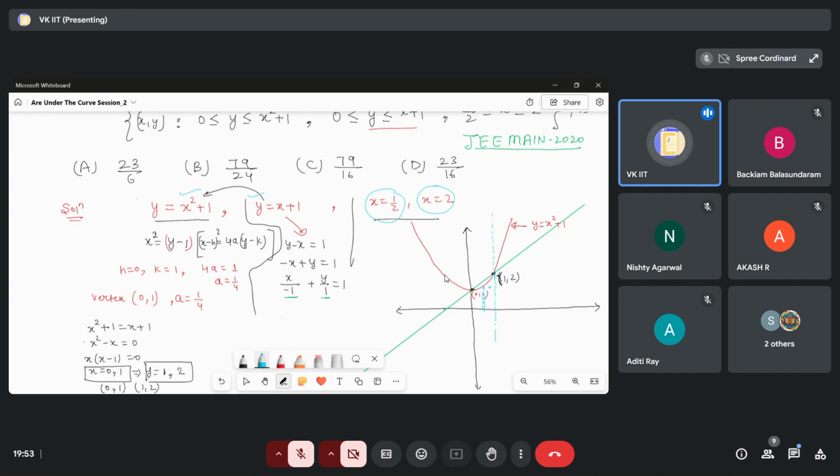Then 1 comma 2 we are getting, and then on this straight line only, if you put x is equal to 2, what is the y value you are getting? 3. Okay, so there is a second point also that needs to be considered here, that is 2 comma 3.